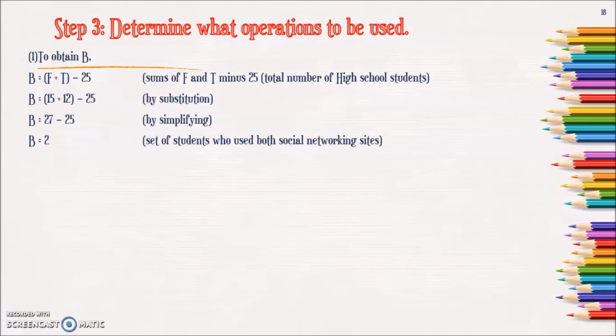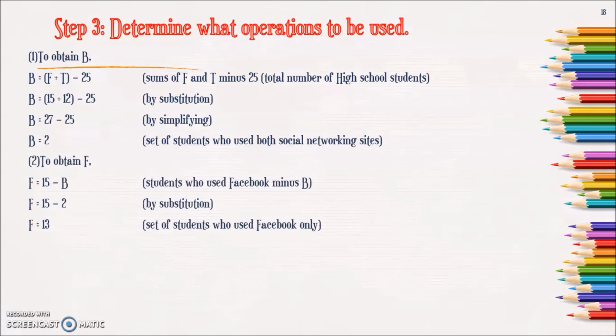So we have now B is equal to 15 plus 12 minus 25 by substitution. B is now equal to 27 minus 25 by simplifying. So we have now B is equal to 2. This is the set of students who use both social networking sites.